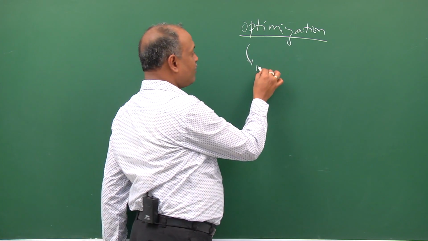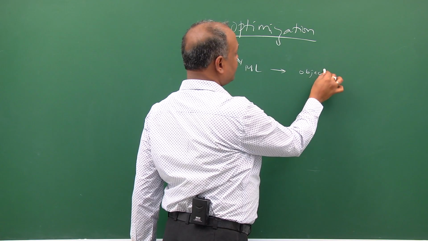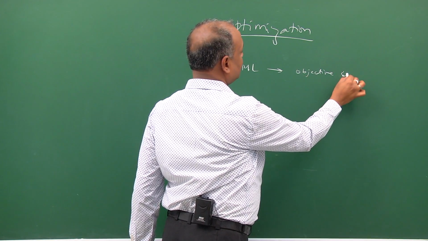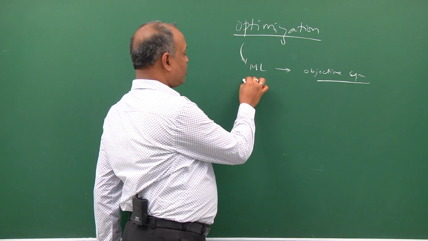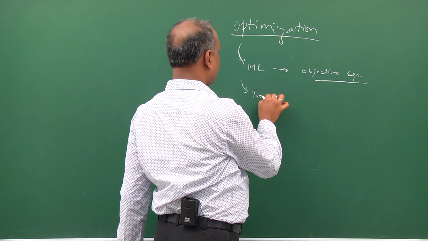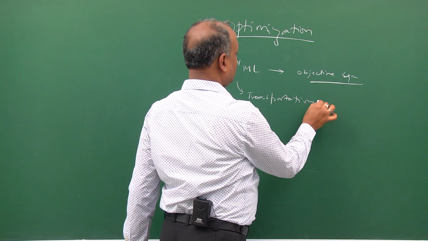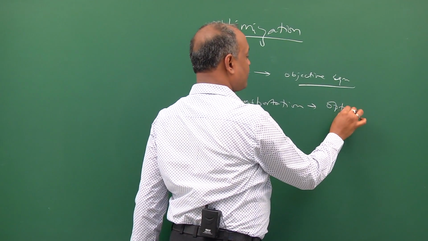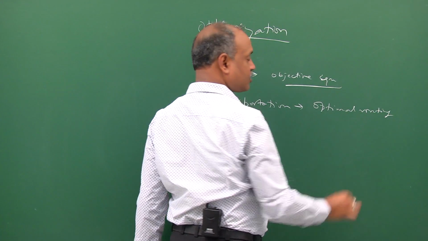For example, in ML, it's about identifying an objective equation which gives minimized error. Or in the case of a use case of AI, like say transportation, we talk about an optimal route tree with minimal cost.